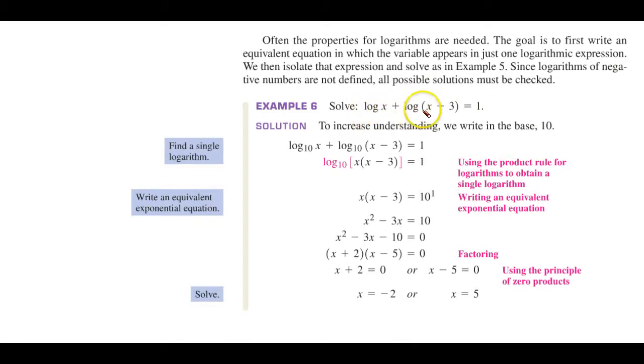Log x plus log of this equals 1. And of course these are common logarithms, base 10. So here we're going to take this exponent and this exponent out, and we get our log, this exponent equals 1. Now, what is log base 10 equals 1?